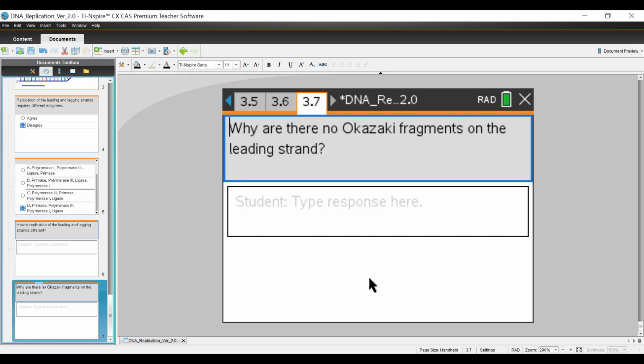Why are there no Okazaki fragments on the leading strand? Well, because they're not required. Okazaki fragments are only required because DNA replication on the lagging strand is moving away from that replication fork.